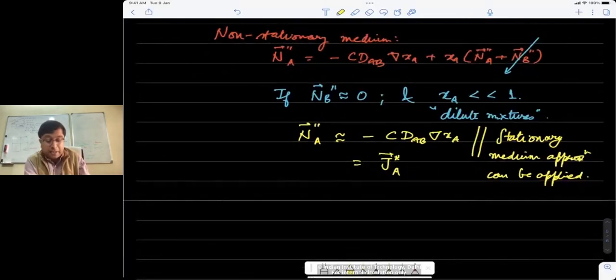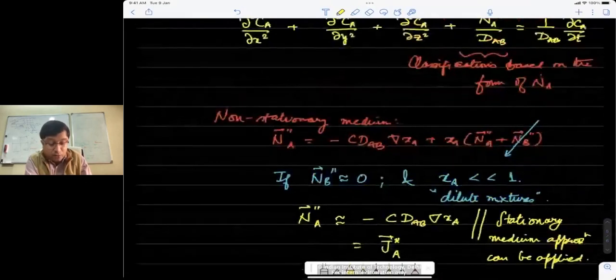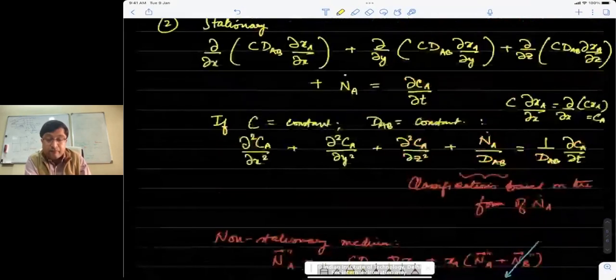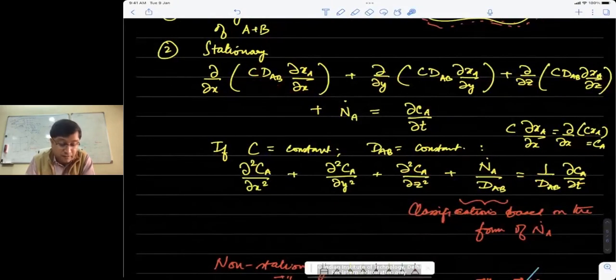If this was still not valid, let me be very clear here, then the governing equation that we would have would not be this differential equation that I've written here. Instead of this term that we have here, we will actually have a minus d by dx of n double dash a. So basically you will have a flux term there, not the actual gradient term, but the total flux term. Very similar to heat conduction, if you remember, we also had the same thing.